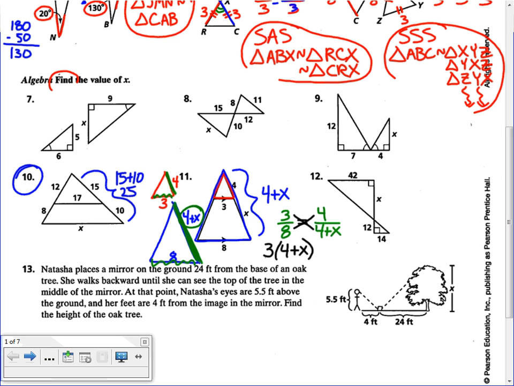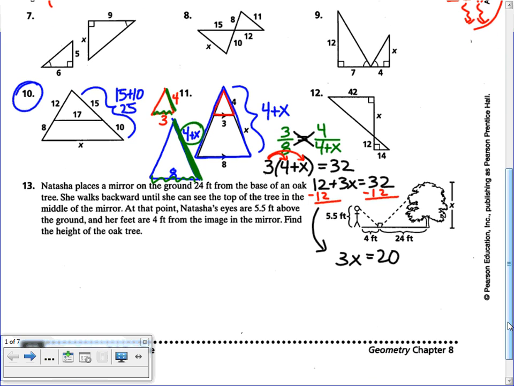When we cross multiply, it is very important that you remember the parentheses, because you are going to have to distribute. You're going to have to distribute that 3 into the 4 and the x. So that's 12 plus 3x is equal to 32. If I subtract 12 from both sides, I am going to get 3x is equal to 20.